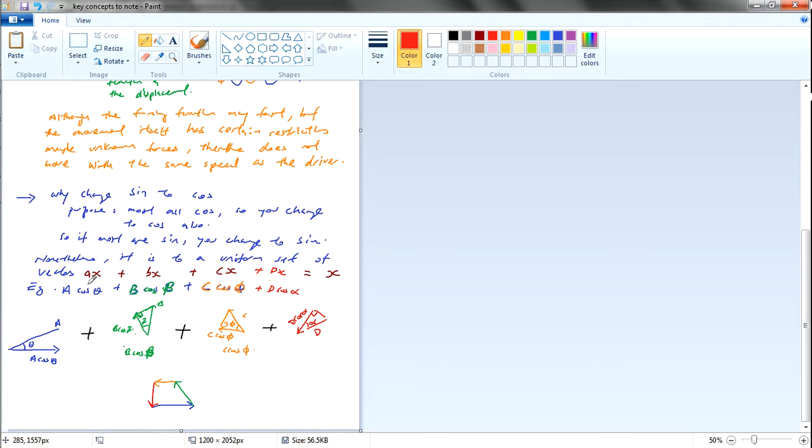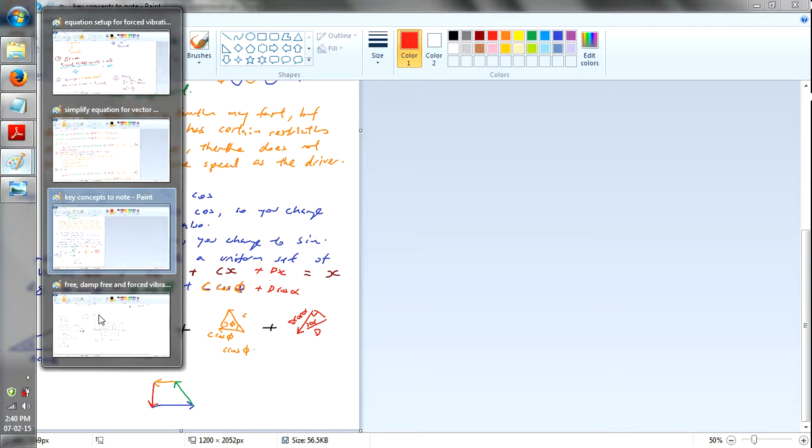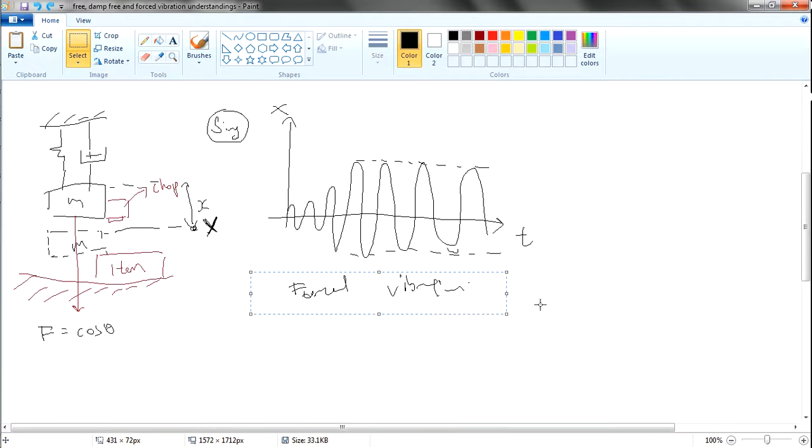So far we talked about 1D, free vibration and forced vibration, all in 1D in terms of the x itself. It's a simple system, but later in the semester we will talk about 2D.